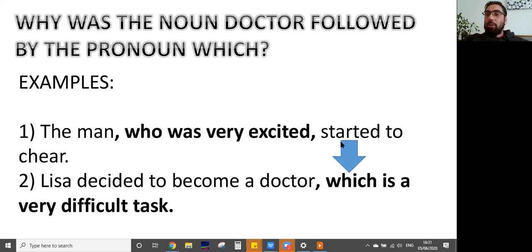Aha, Amandi's very close. She's saying, are we talking about the job? Yeah. So here we're not talking about the doctor. So what are we talking about? We're talking about becoming a doctor. So this is not a person, so we don't use who.